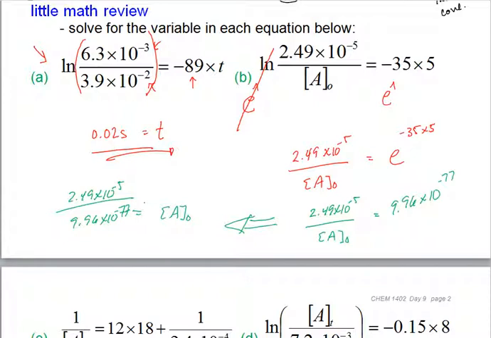So about 2.5 times 10 to the 71 or so. It's a ridiculously large number, but we're just playing with the math anyway.